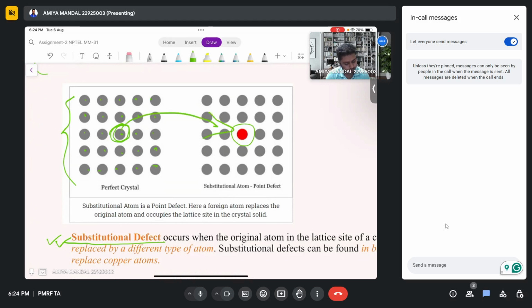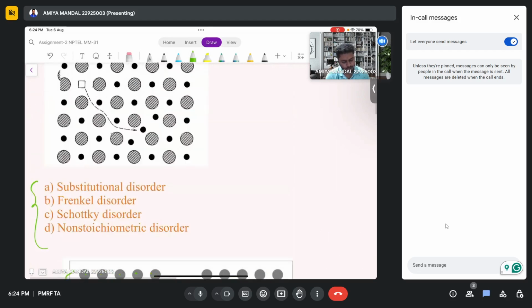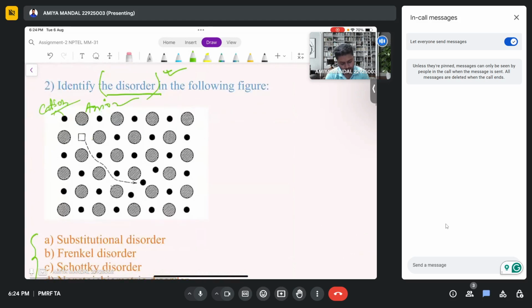Then this is called the substitutional atom. This is a perfect crystal, but this is not a perfect crystal. This is a substitutional atom. Here this type of incident is not occurring. Here the cation is just replacing, the cation position is replaced in this position.